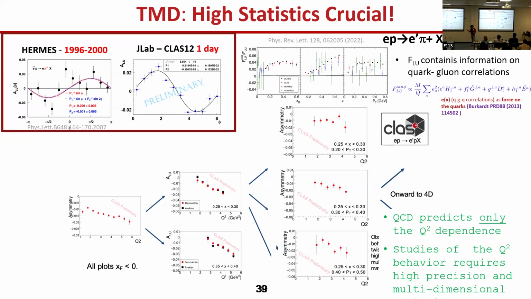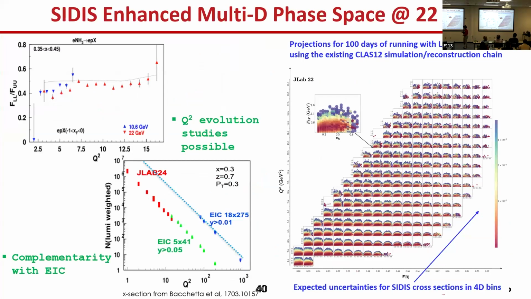So it's very important to do this analysis in a multidimensional space. Now, what we can do with the 22 GeV, an important thing. The structure functions cannot be extracted from first principle.